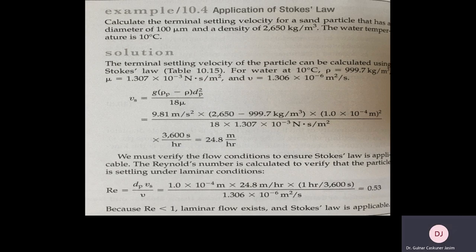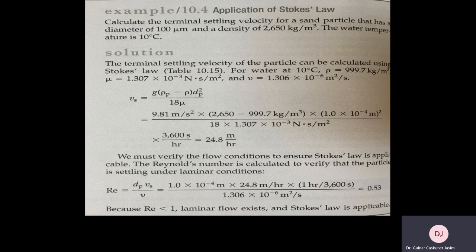Here you can see the solution. By using the equation provided in the table that I already showed, you put in the numbers and calculate the terminal settling velocity. Here the settling velocity has been calculated as 24.8 meters per hour. But we must verify the flow condition to ensure Stokes' law is applicable.